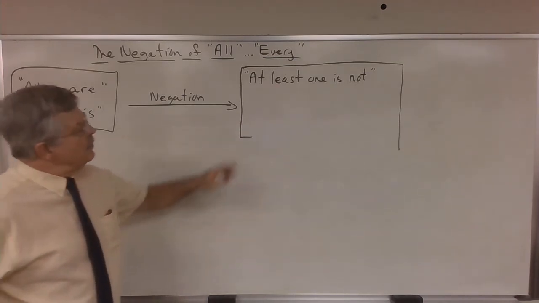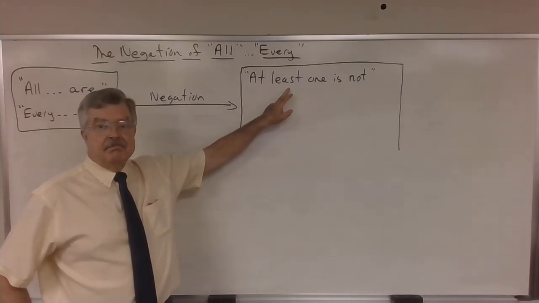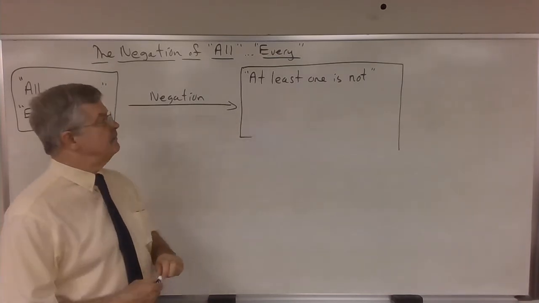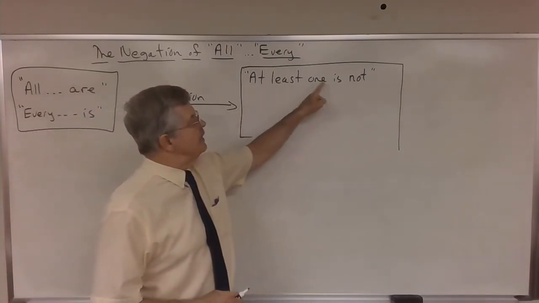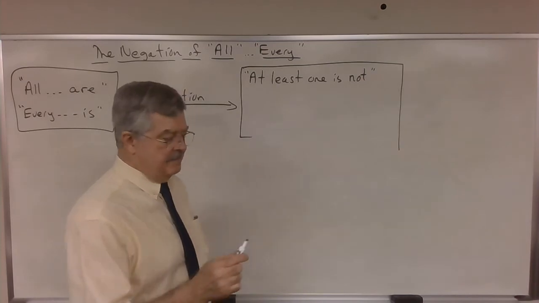Now, an equivalent way of saying at least one is not is some are not. If it's true that at least one is not, then we can truthfully say some are not.